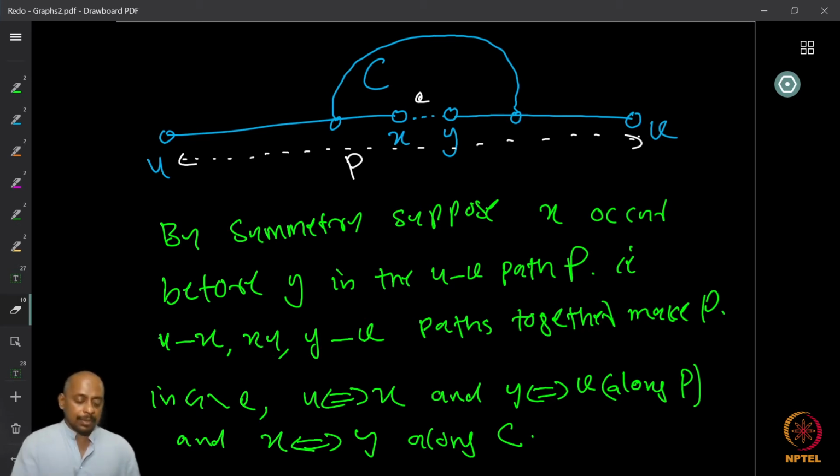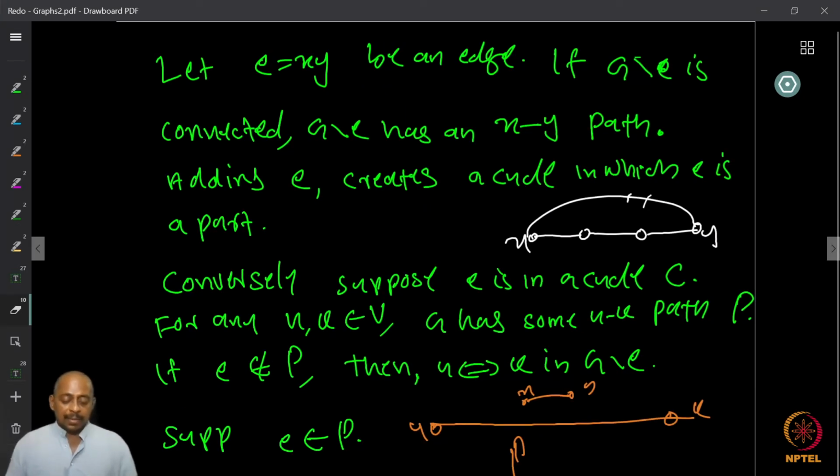In the previous case, we said that if e is not part of the uv path that we considered, then u and v are not going to be disconnected after removing e, because the path P itself is still there. So our assumption now is that the edge e is part of the path. And then if I remove it, what happens?